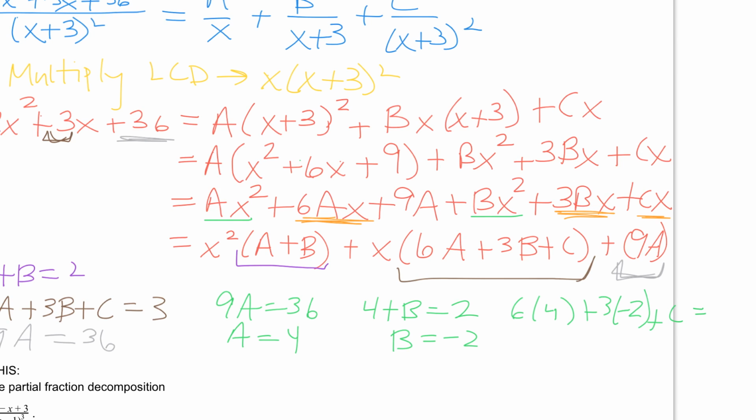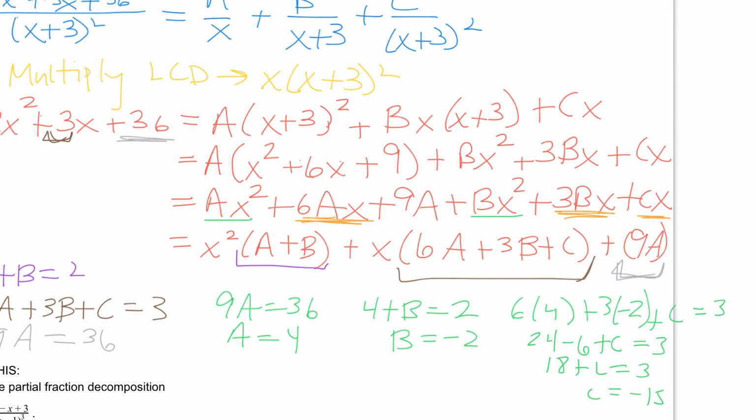Equals 3. So 6 times 4 is 24, minus 6 plus c is going to equal 3. So then I have 24 minus 6, which is 18, plus c equal to 3, so c is negative 15.